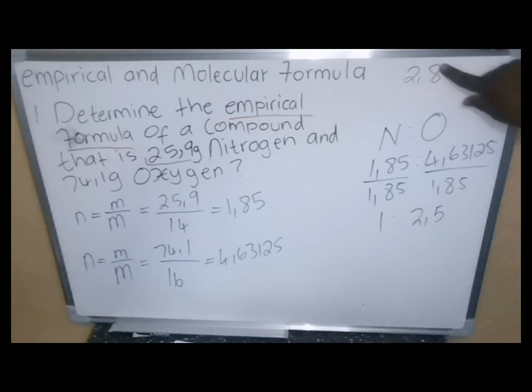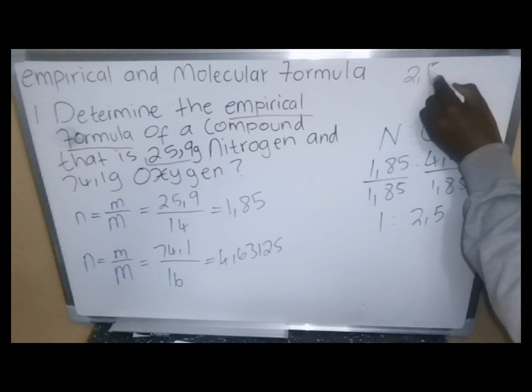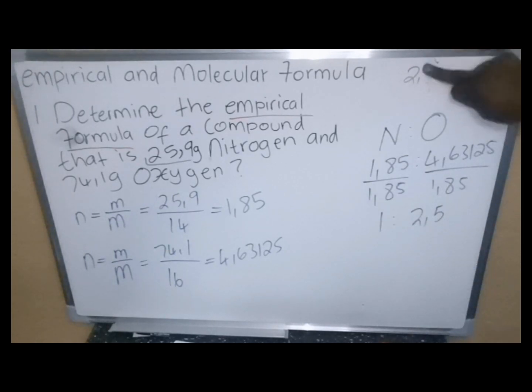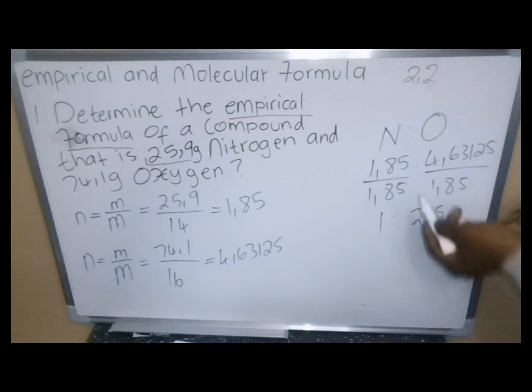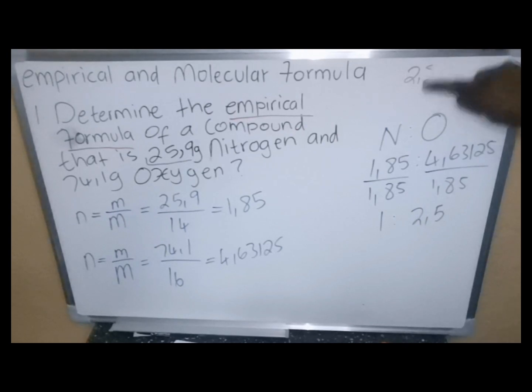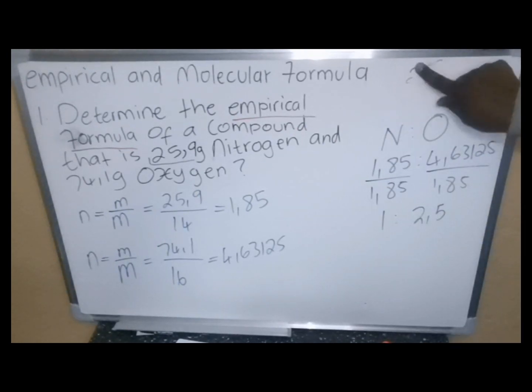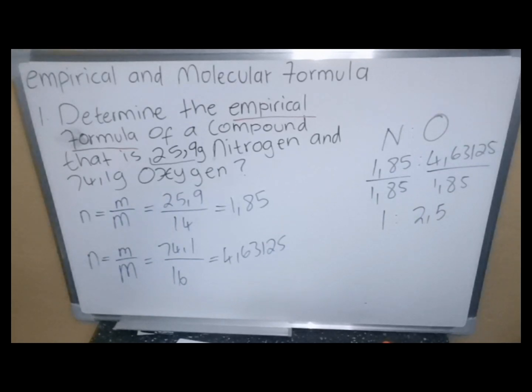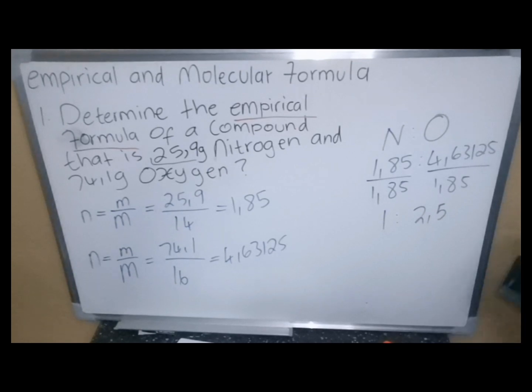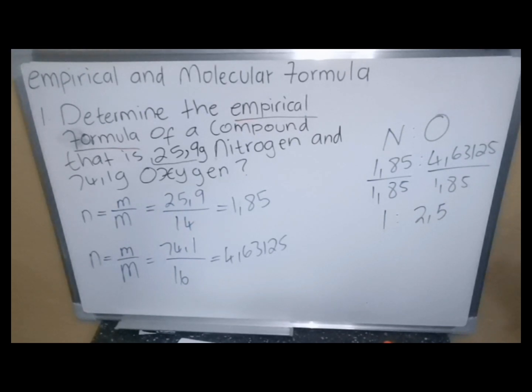I'll show you what you're going to do. When it's 2.5 or 2.2, you must do something also. It must give you at least 2.9. But right now it is giving us 2.5. So when it gives you 2.5 like this, 4.63125 divided by 1.85 gives me 2.50337, and that answer, you multiply by 2.